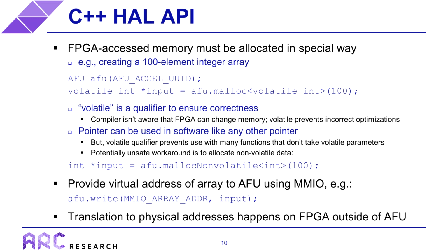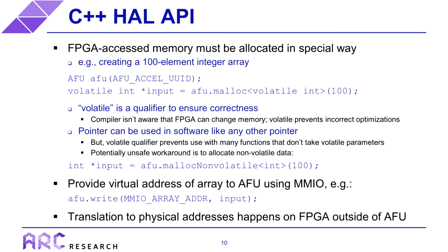We basically have an AFU.write call where we transfer the data to some control status register. So the slide shows it as an address called MMIO array address. That's just something in the memory map that corresponds to a register. And we're transferring the virtual address of the input array to that register.